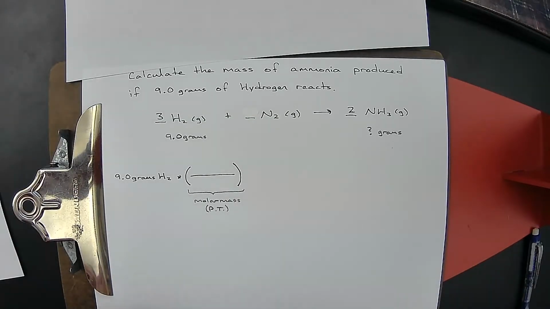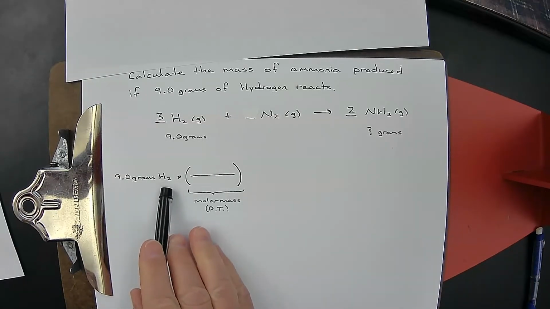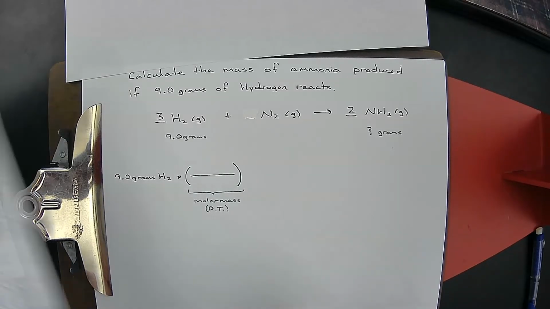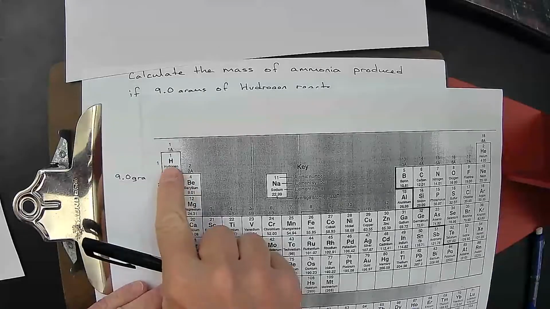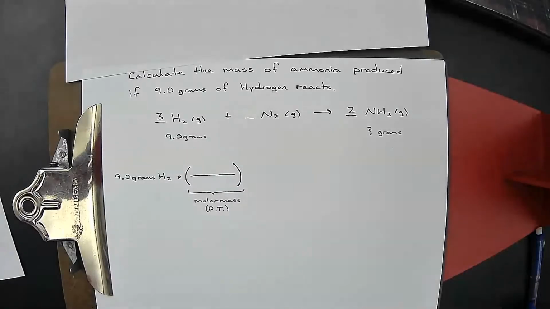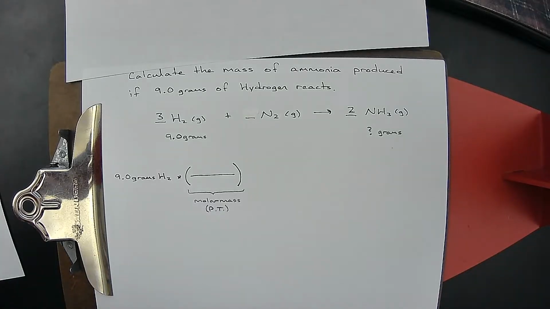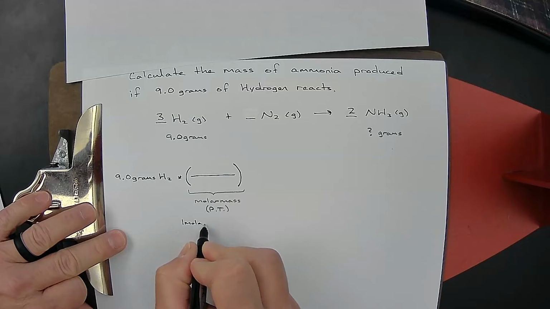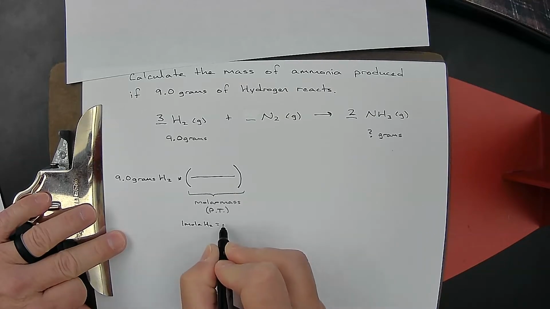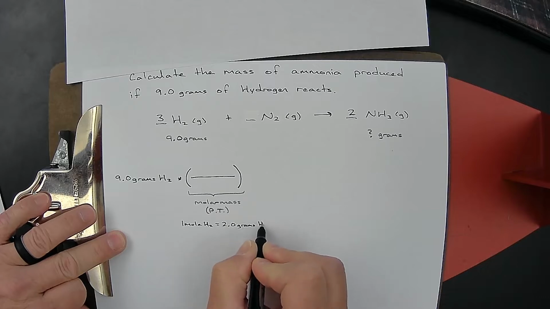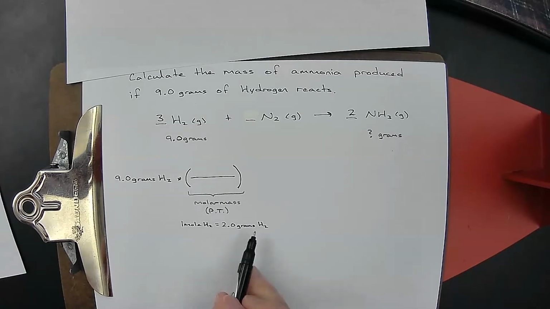So I'm going to look up H on the periodic table, but it's not just H, it's H2. So when I look up H on the periodic table, it shows 1.0. But because there are two of them, I know that 1 mole of H2 is equal to 2.0 grams of H2. I can write that out.